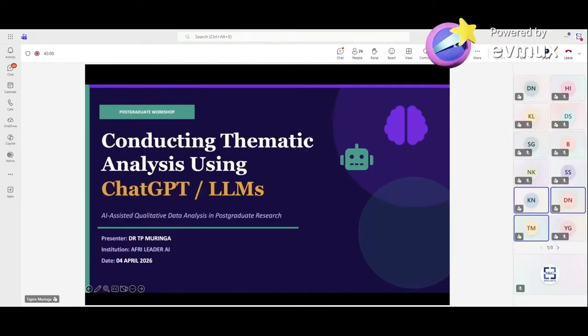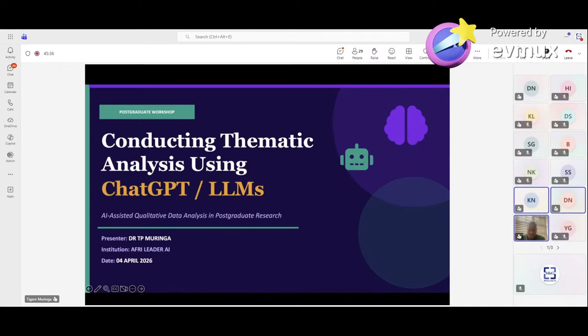We're going to follow the same traditional approach that we use for thematic analysis, the Braun and Clarke thematic analysis, and convert it so that we do it using AI tools, ChatGPT and other LLMs that we might have exposure to.